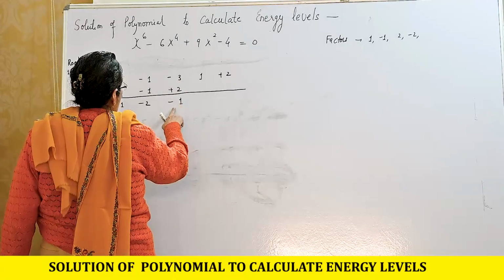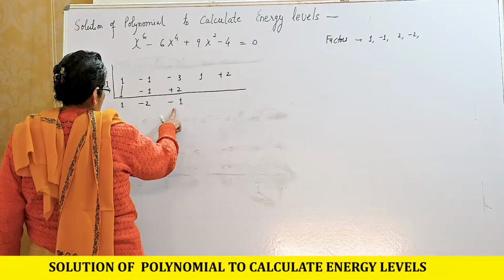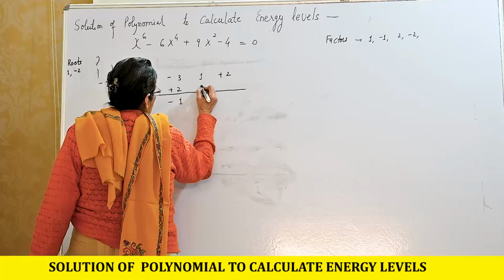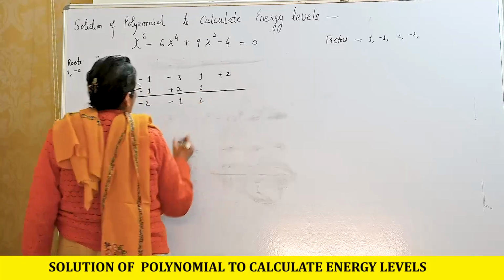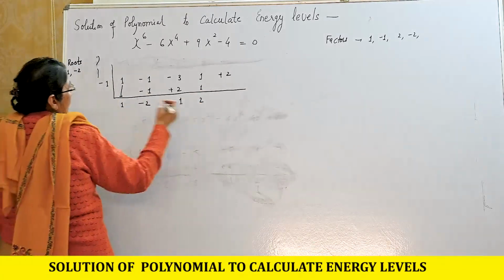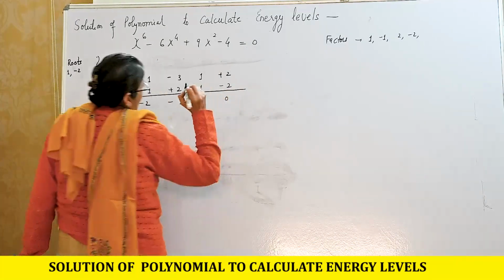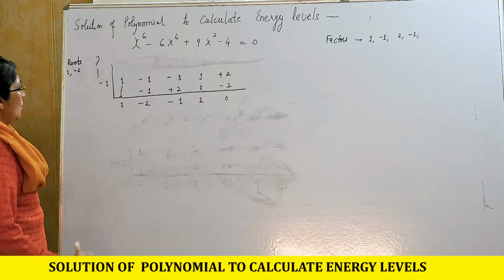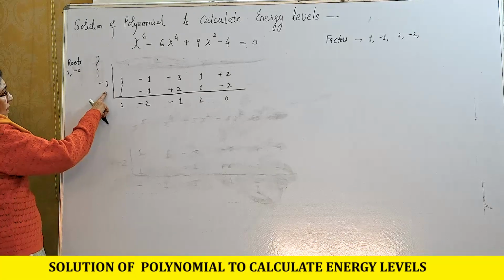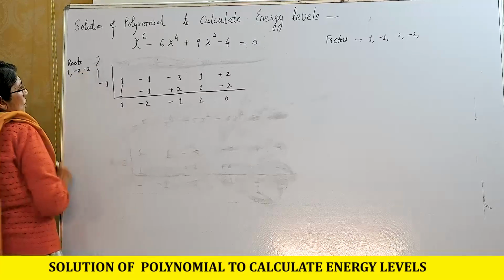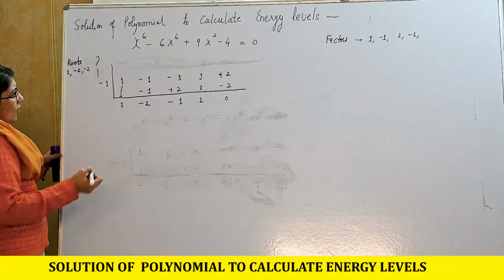Minus 3 plus 2 is minus 1, plus 1, and this is 2, 1 and 1, 2 and again 2, minus 2. That is what we got. It means our third root is minus 1 because we are getting minus 2.